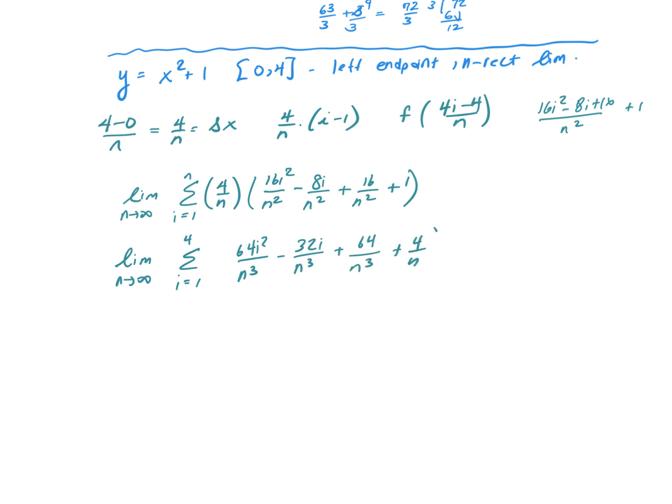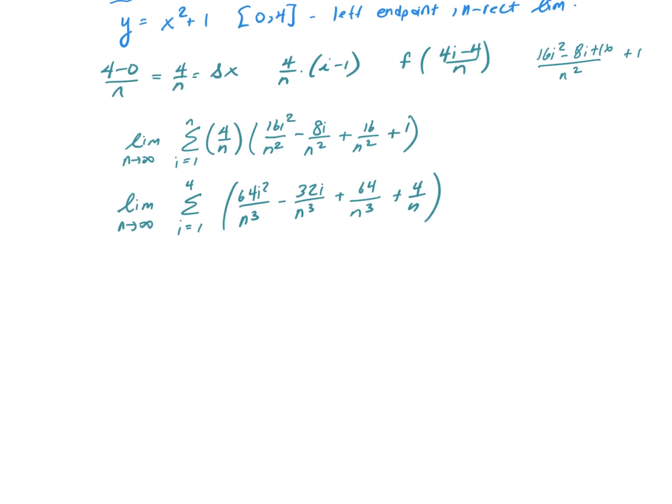Okay, so I'm not going to separate this like I did in the last one. I just know that they're each separate summations, right? So we're going to do the limit as n goes to infinity, so it's 64, then it's the I squared formula, so it's n plus 1, 2n plus 1 over n cubed, minus 32 times n plus 1 over 2, so 2n cubed, and then 64n, not that it would matter in this case, but remember, you have to imagine that it's in a summation, right?